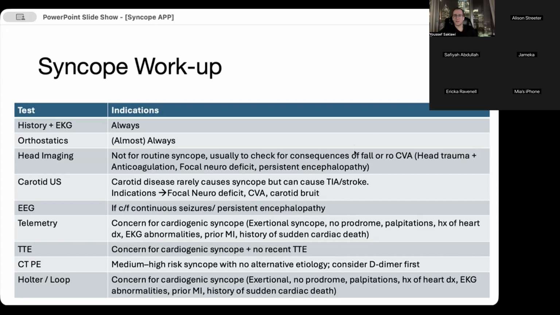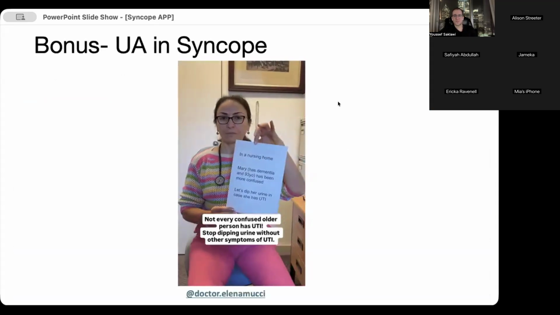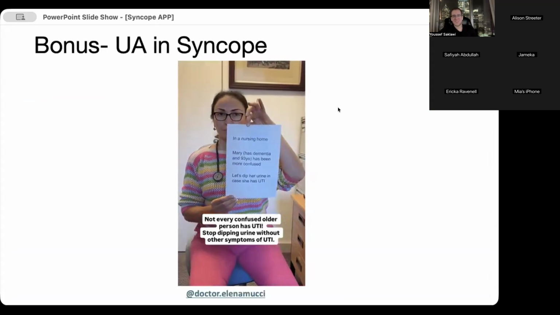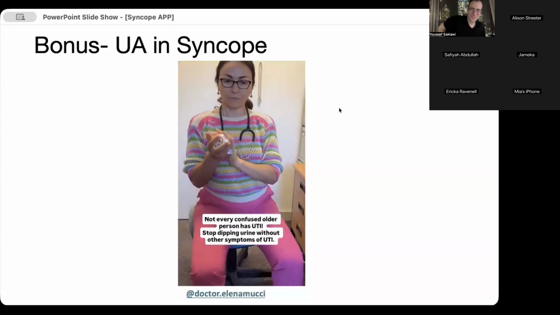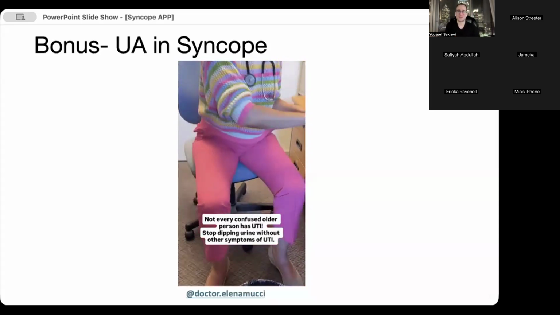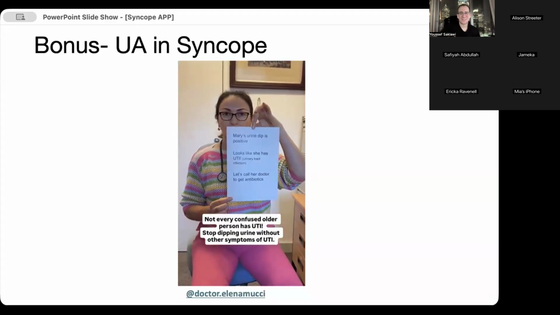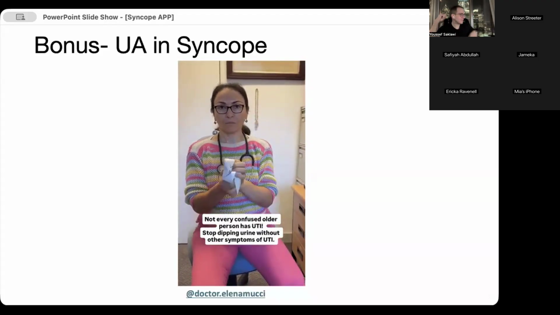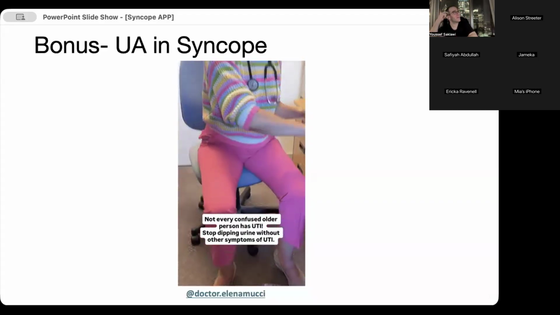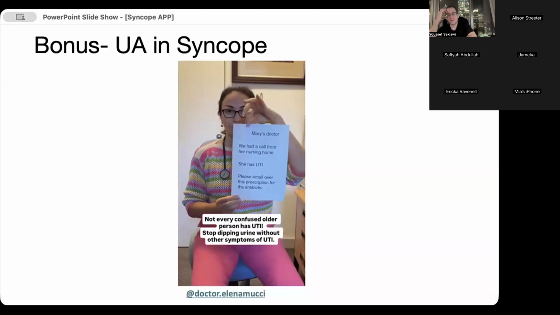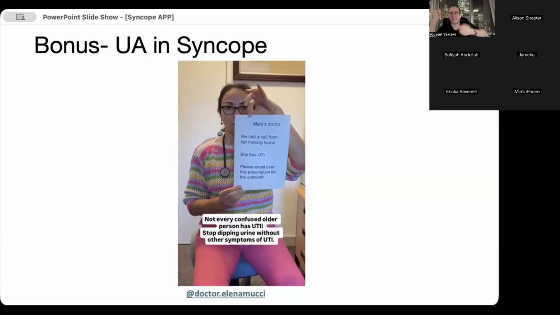All right. So the final bonus slide was also from the same influencer who was saying that we should almost never get a urinalysis for patients who are older and confused. And I think that's very reasonable. If someone has syncope, having a UTI will not necessarily cause them to have syncope unless they're having early shock.